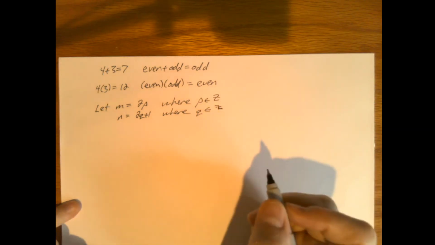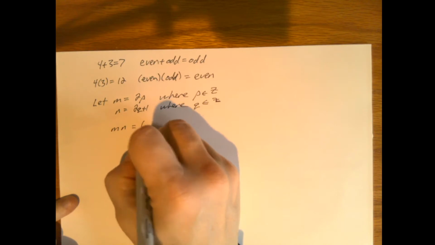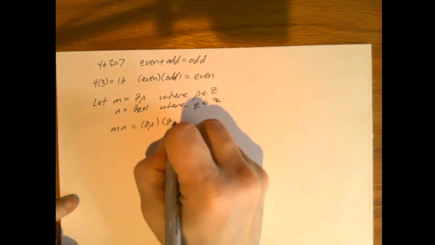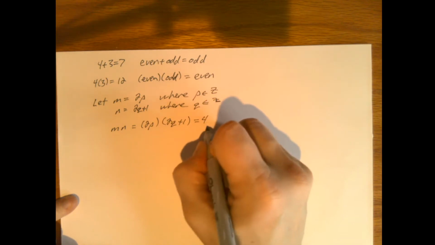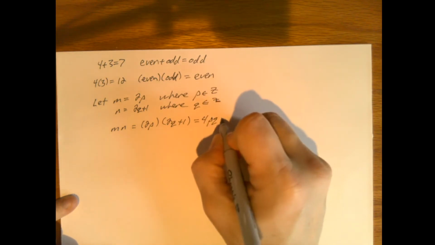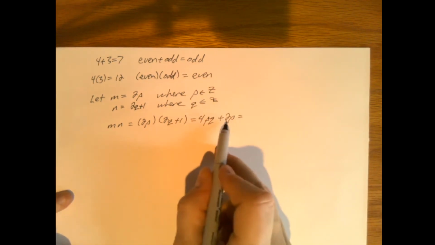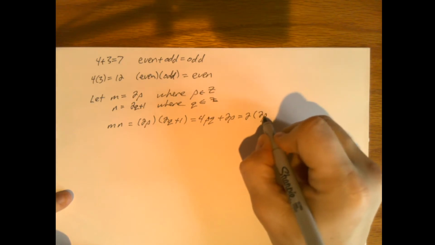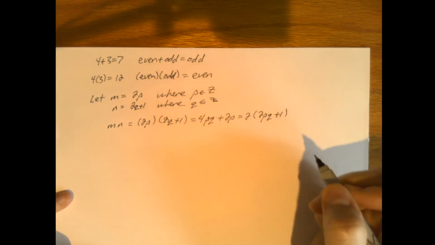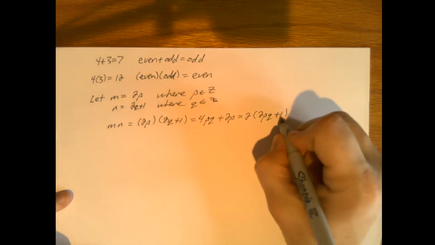That's a Z, sorry. And so therefore mn is equal to 2p times 2q plus 1, which is equal to 4pq plus 2p. I can factor out the 2 to get 2 times 2pq plus p. That's 4pq, this should be p.